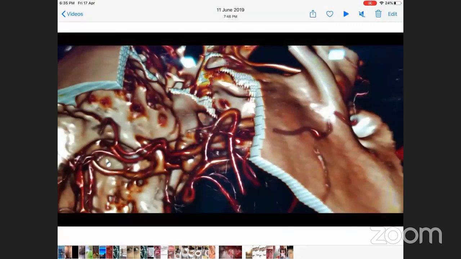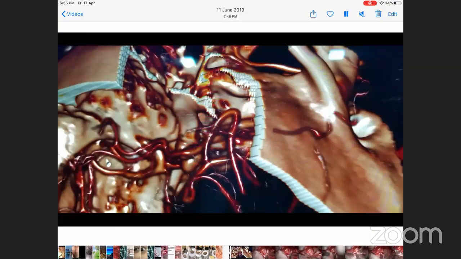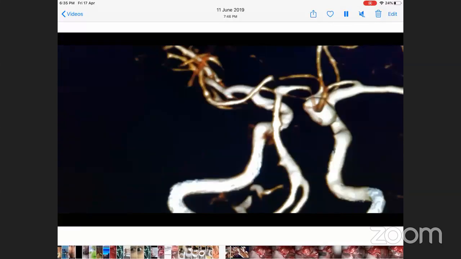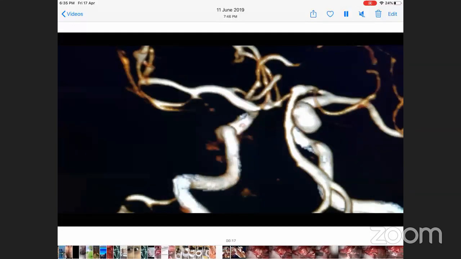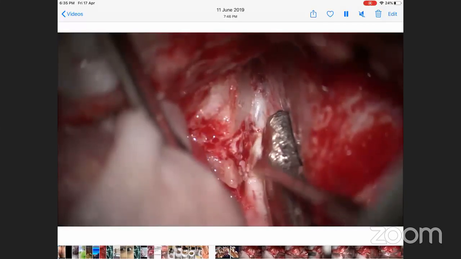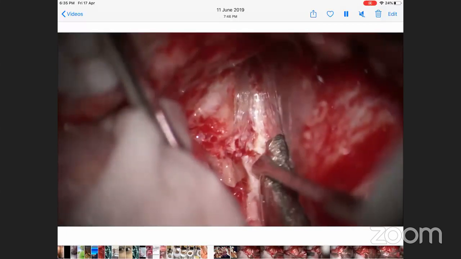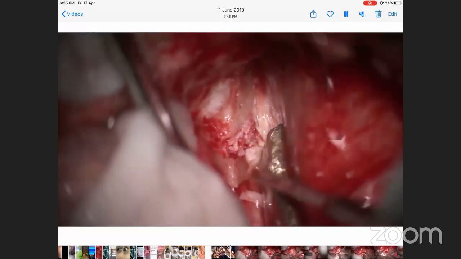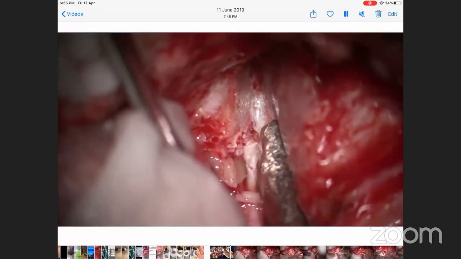Okay, this is another aneurysm. This is again another transitional aneurysm, but this one ruptured. So you can see the aneurysm clearly now. This is on the right side. Same thing we are doing: the orbitomeningeal band dissection. This is the right side temporal lobe.